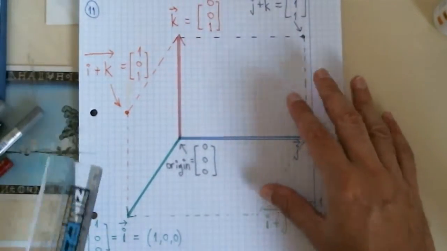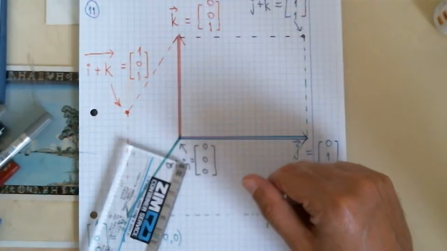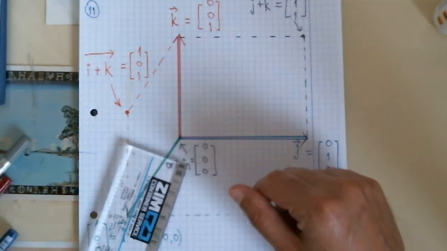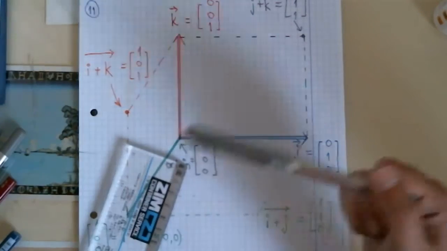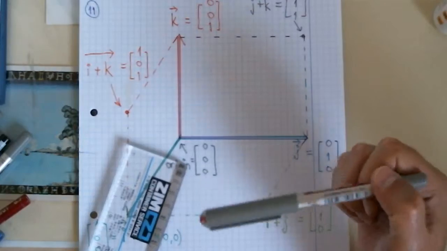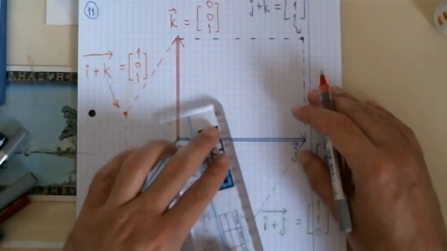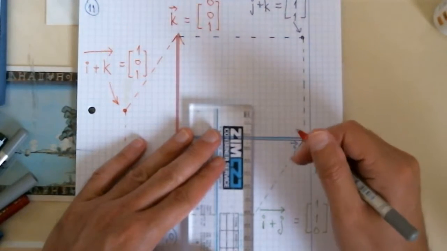So let's show it in another color. I don't have many colors left. Let's make it in dark red. I hope you can see it. We will do it upward.